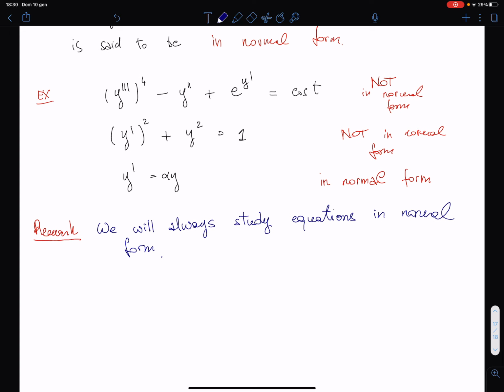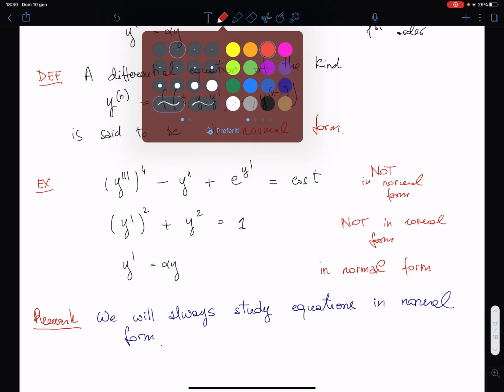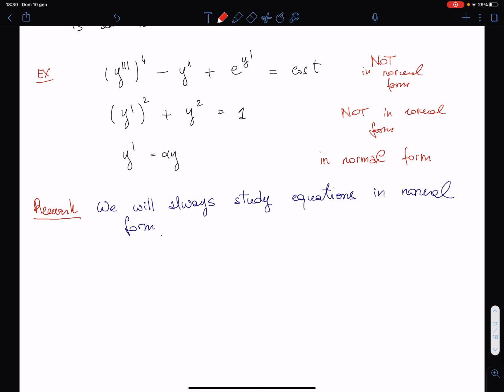And another remark, or if you want an example, is the following.